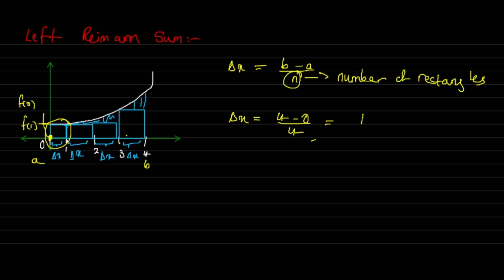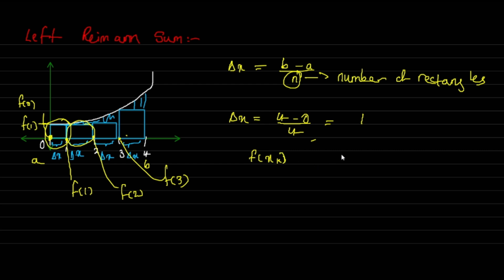And by the same logic, for this rectangle, it's going to be f of 1, the height. For this, it's going to be f of 2, and for this it is going to be f of 3. So another way of writing this, when we write this in some notation, we try to make it a bit easier for ourselves, is that we write it as f of x sub k.